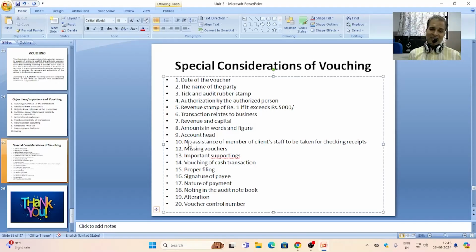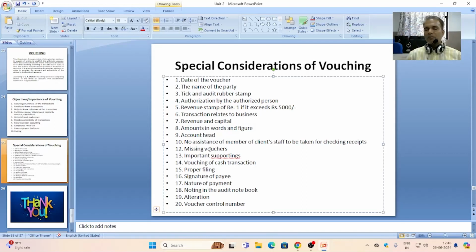It is especially recommended to the auditor that no help of any member of the client staff or the business should be taken for checking receipts.